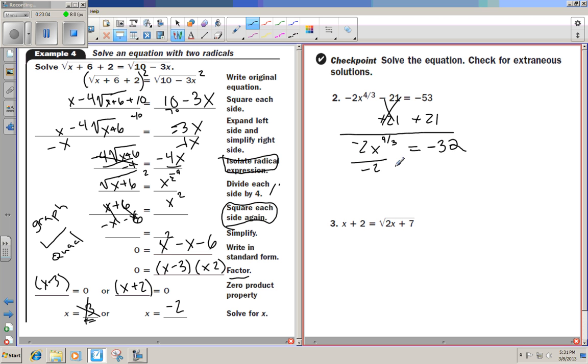Divide by negative 2. And now you get that x to the 4/3 is equal to 16. So, while we're doing this, this has isolated the radical or rational exponent. You go ahead and raise this to a power. Look back at the beginning of the video and you'll see again that it's to the reciprocal power, to the 3/4 power. And when you type that into your calculator to see what it ends up being, you're going to end up with 8.